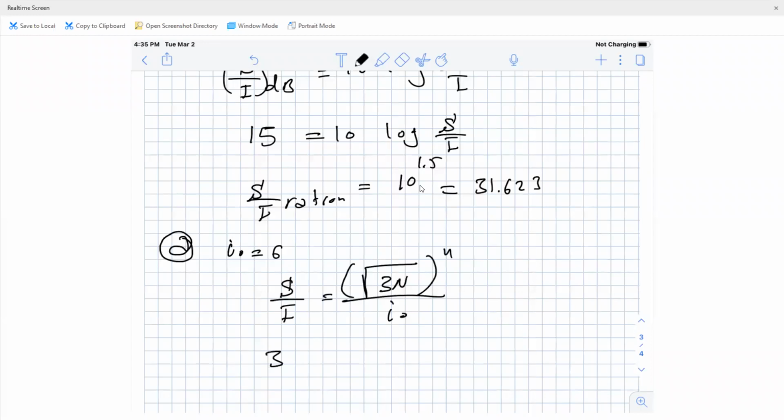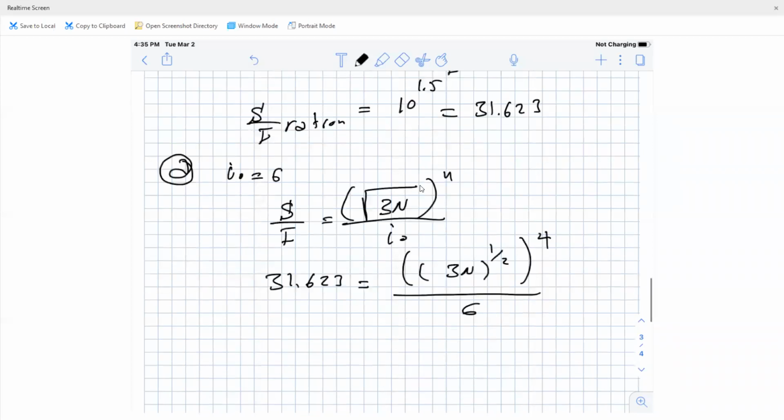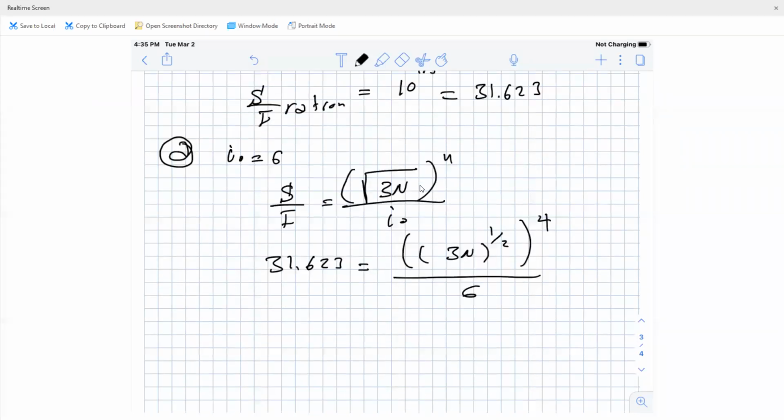So here we have 31.623 equals (3N)^(1/2) raised to power 4 divided by 6. Okay, so here we have 6 multiplied by 31.623 equals 3N all squared. Now we can solve for N, I mean square root for both sides.